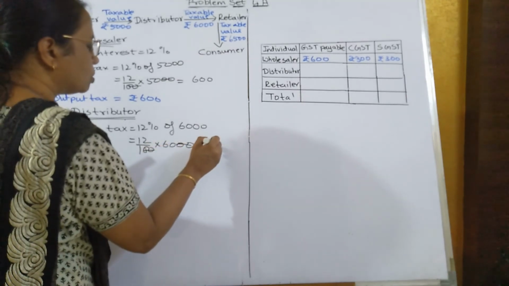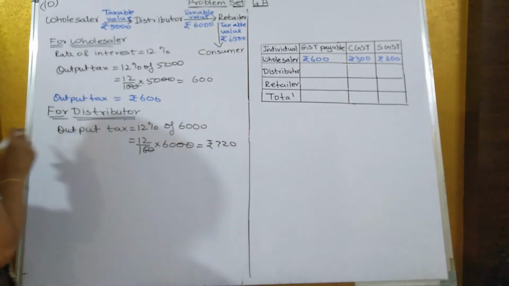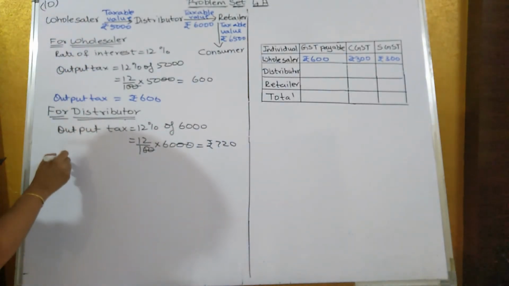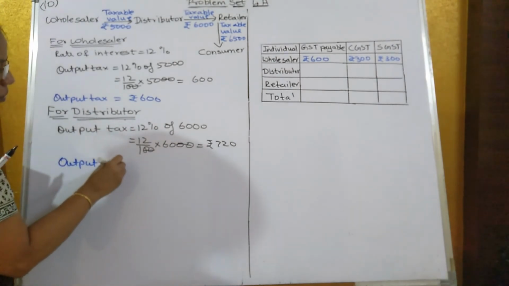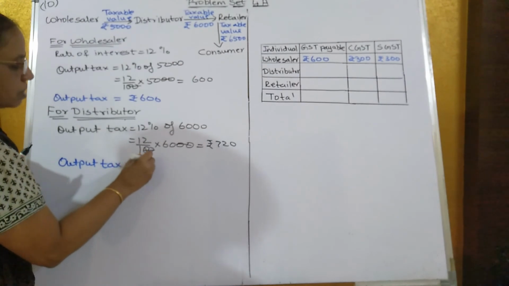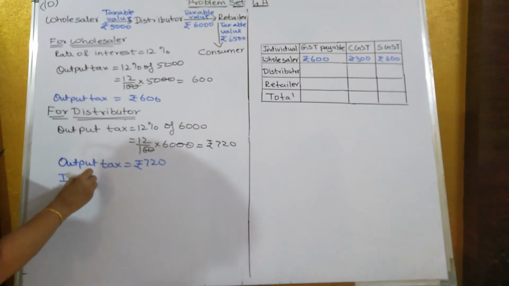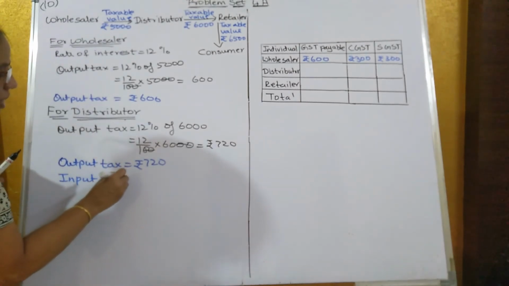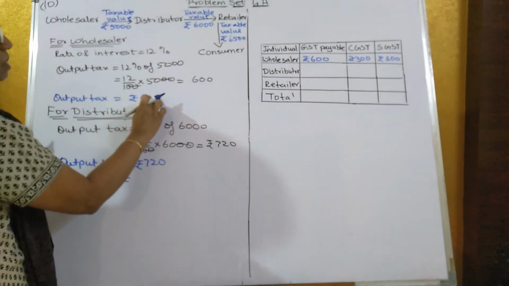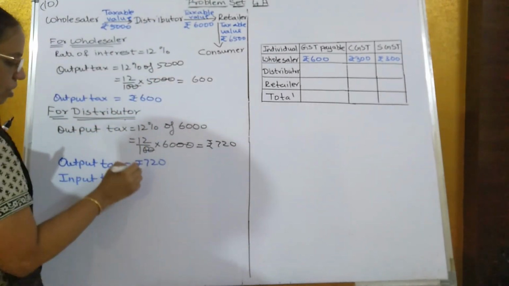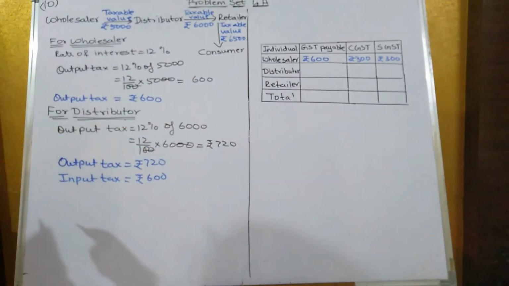That's equal to rupees 720. So output tax is rupees 720. And what is the input tax? I have told always that input tax is always output tax of the previous one. So that will be equal to 600 rupees. Even if you go to find out also, you'll get the same thing only.